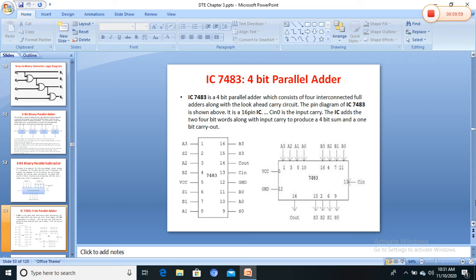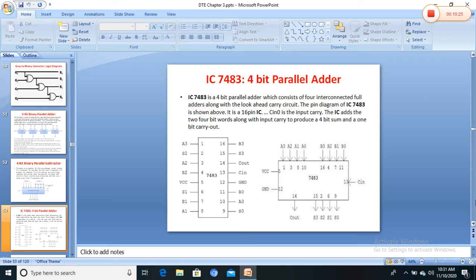In this, A and B are 4-bit word inputs, along with VCC. The inputs are the 4-bit word A0, A1, A2, A3 and the 4-bit word B0, B1, B2, B3, and the pin-out is here. The 7483 is a 16-pin IC, and these pins are here.